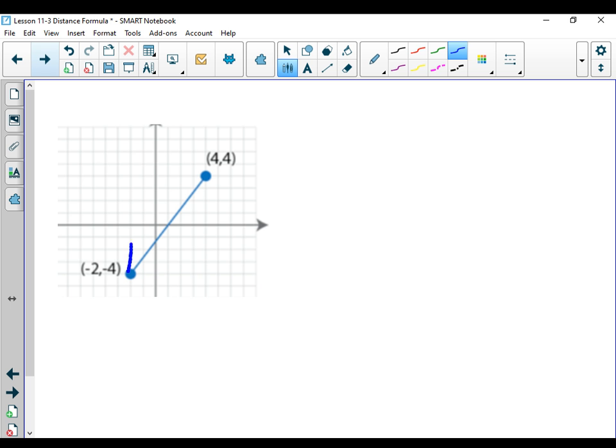So this one, if I wanted to, I could count the boxes super easy for this side. 1, 2, 3, 4, 5, 6, 7, 8. And I could count the boxes super easy for this side. 1, 2, 3, 4, 5, 6. Because they were right along a line. This one, though, is a whole bunch of partial boxes.